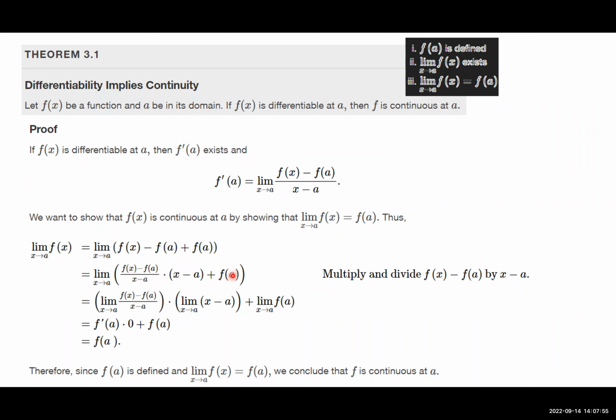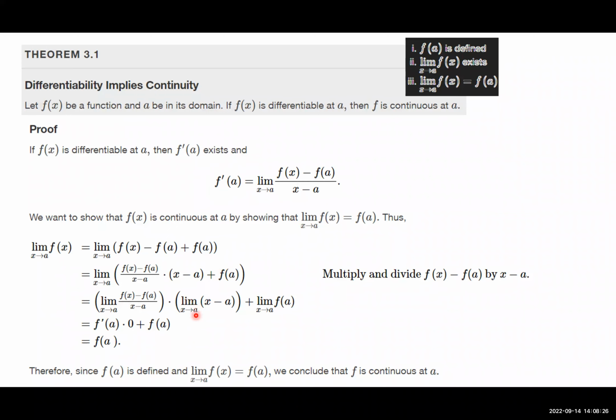You have a sum, so you're breaking that up as well, and that's just using some basic limit laws that we looked at when we met a week ago. And this is defined, right? We know what this is. If you look up here, it's the derivative of f at a.